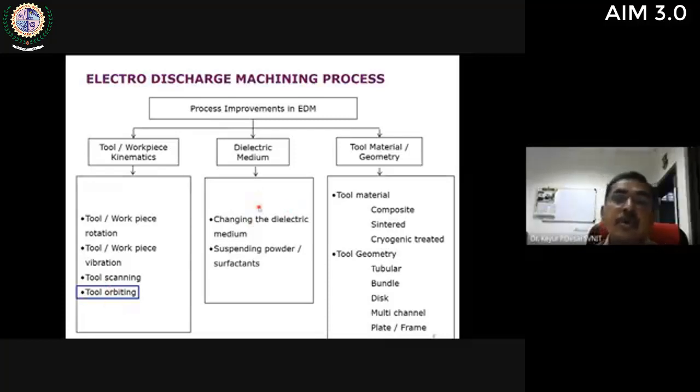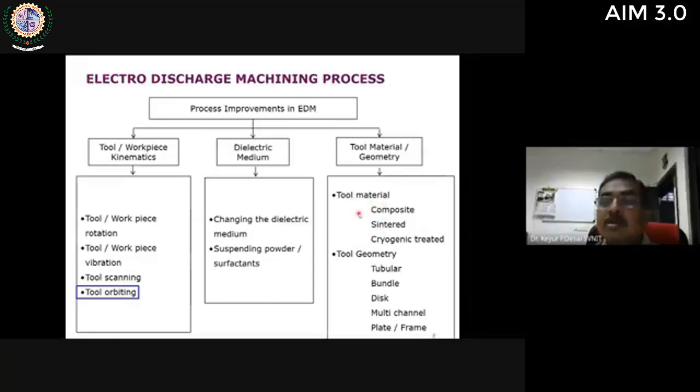If we want to improve the process by playing with the dielectric fluid medium, we can either change the dielectric fluid medium, which is normally recommended by the manufacturer, or we can add a fine-grained powder or surfactant which can be kept suspended in the dielectric fluid medium and which may help in improving the process.